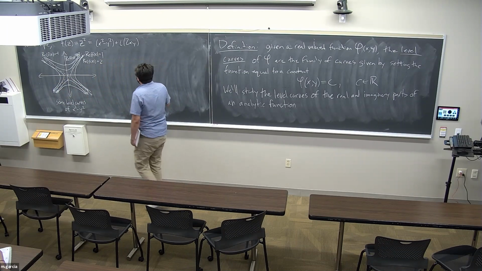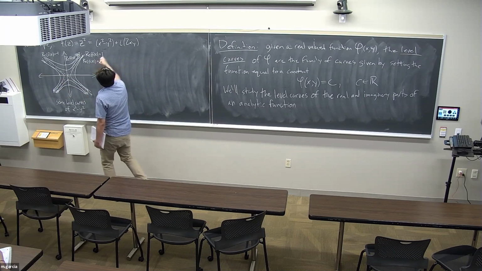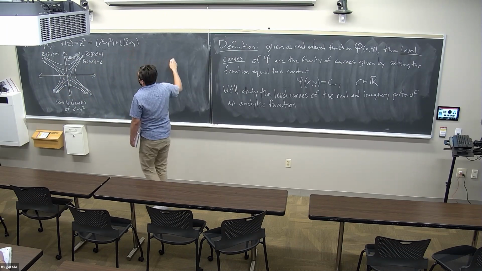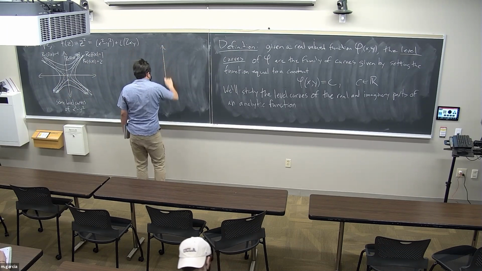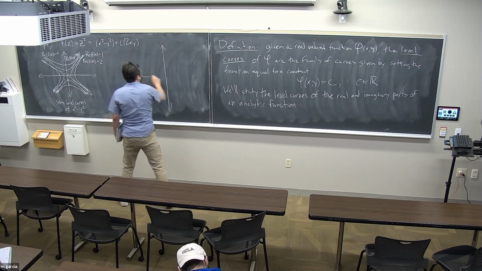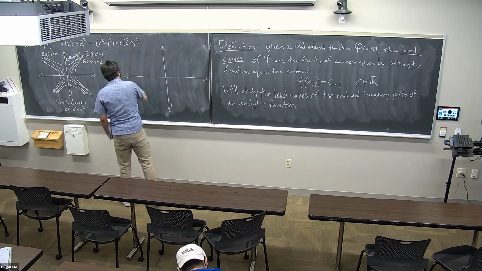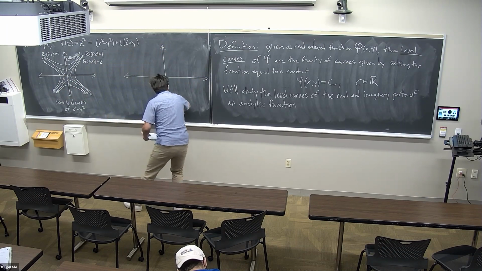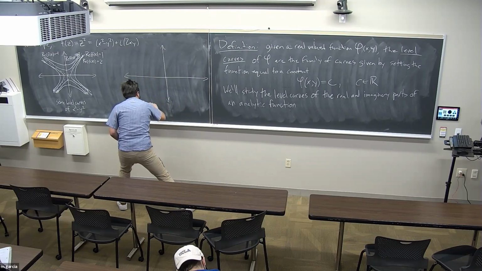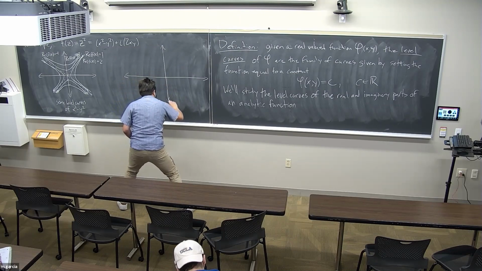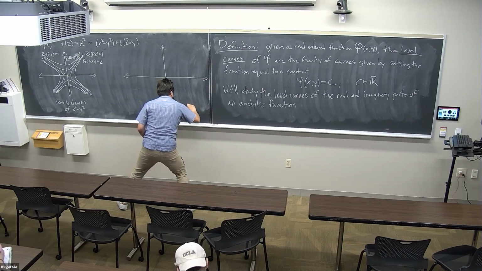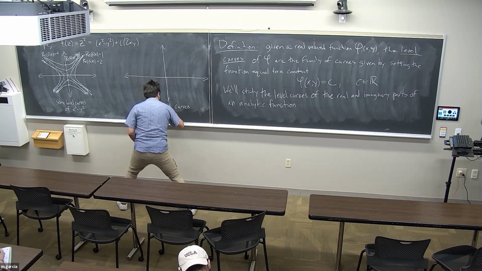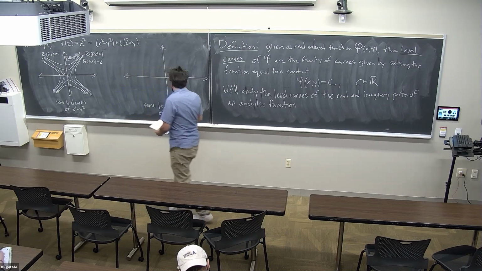Okay, so let's do the same type of picture for the imaginary component. Should label this properly. Some level curves of 2xy.